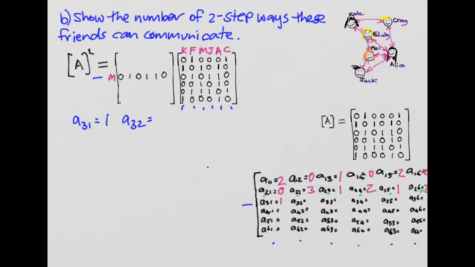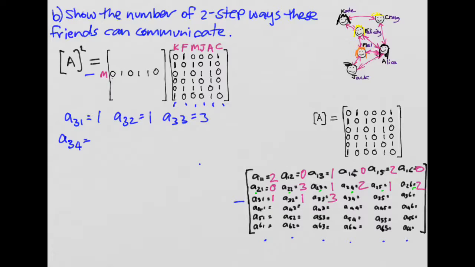Then for A32, you're multiplying row M by column F, which will give you a 1. So A33 is going to be row M by column M, which will give you a 3.